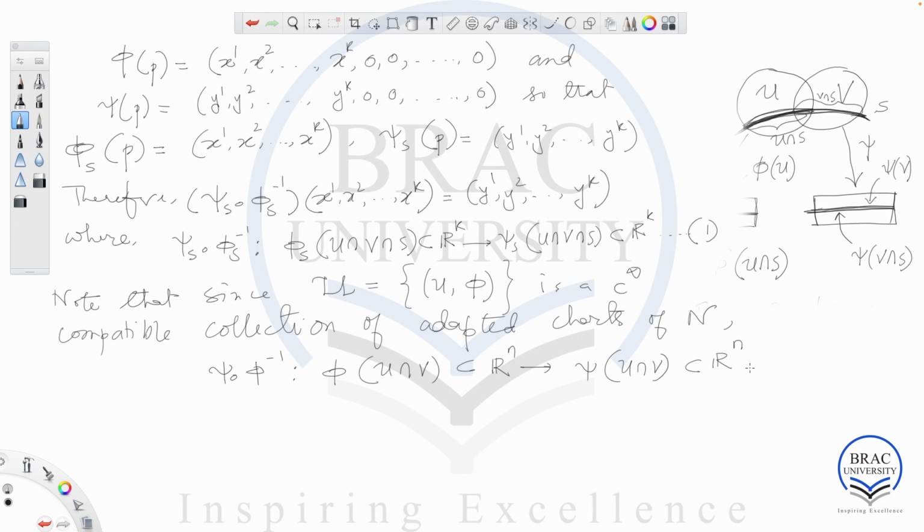And this is given by psi composed with phi inverse acting on a point phi of p, which is given by this n-tuple x1, x2 all the way up to xk, and the remaining ones are zeros, is equal to y1, y2 all the way up to yk, comma 0, 0. Okay, so this we number by 2.